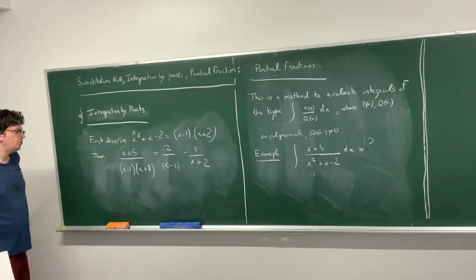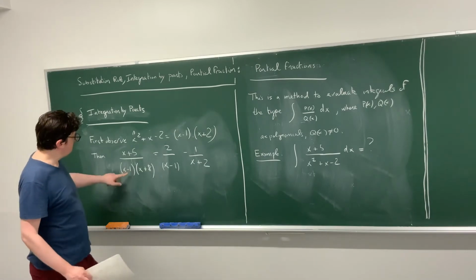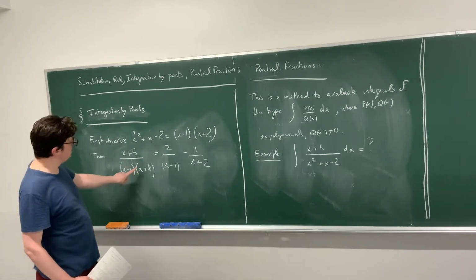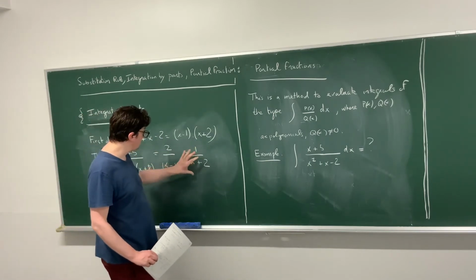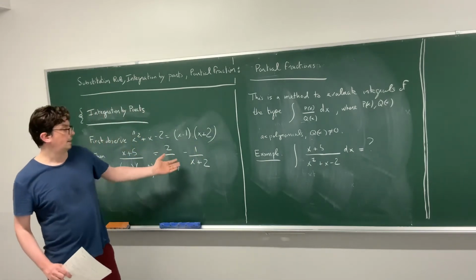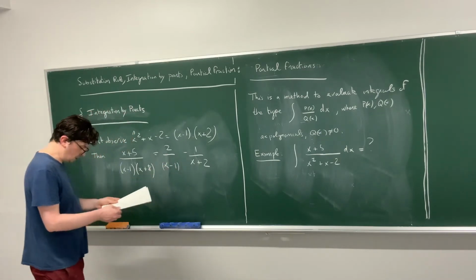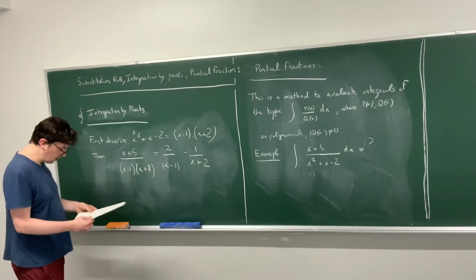So this is wonderful, because a priori it is very difficult to calculate the antiderivative of the left side. But the antiderivative of the right side is obvious, isn't it? It will be calculated using the logarithm function, right?